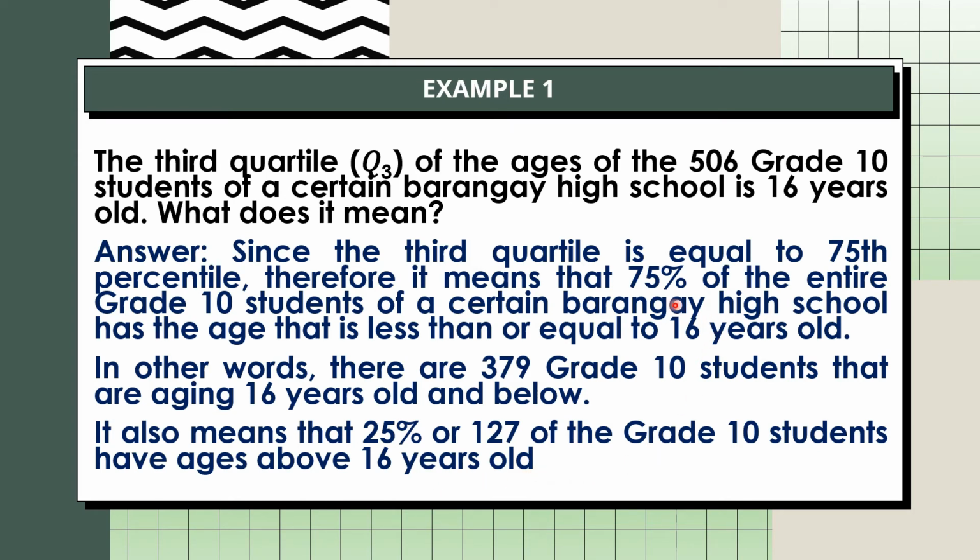Remember yung kanina, kapag 75%, yung other way niya, isubtract mo yung 75 from 100% to get the 25%. Yun naman yung nasa right side ng data natin. And 25% of 506 is 127. Or, pwede mo ding isubtract yung 379 from 506 para makuha yung 127.